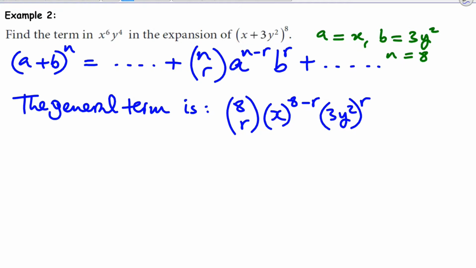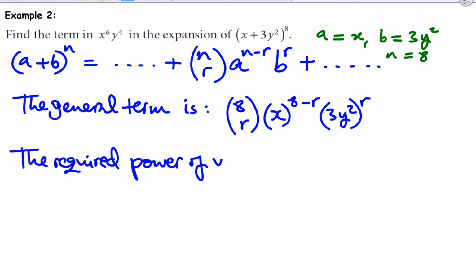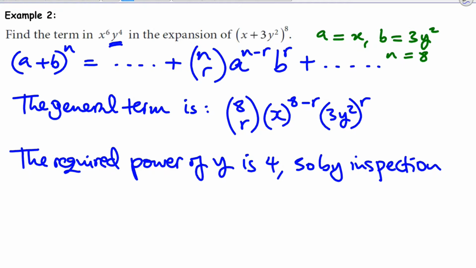What I mean here is that the required power of y, and this is from the question, is 4. Right here, right? So by inspection, we can see that r will be equal to 2.